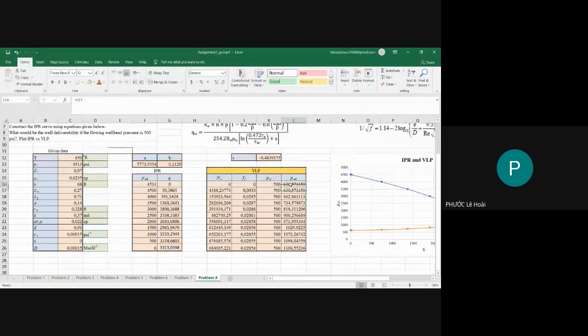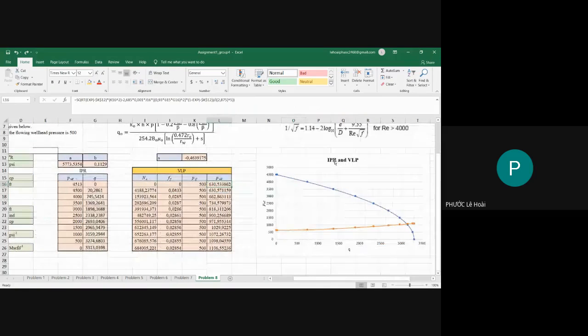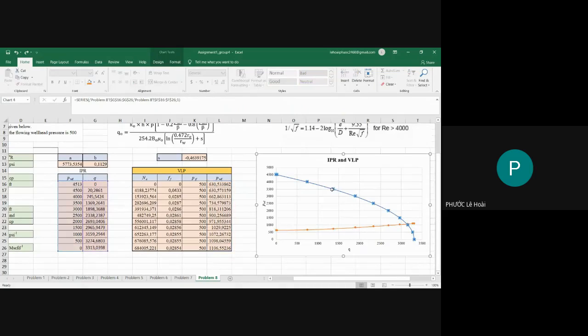Okay, we will calculate the bottom hole pressure here. Then we will plot the relationship between the IPR and the VLP curve here. For the IPR, you already know that we will plot by the bottom hole pressure and the flow rate here.